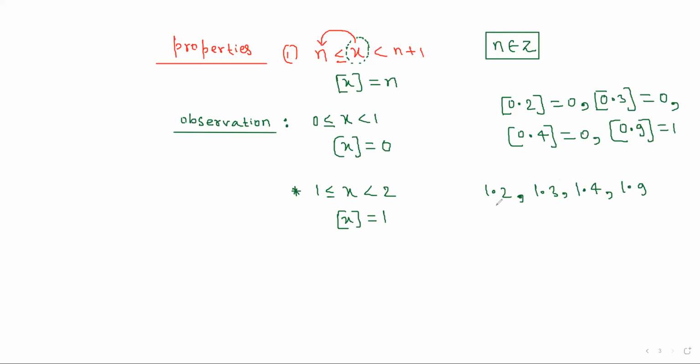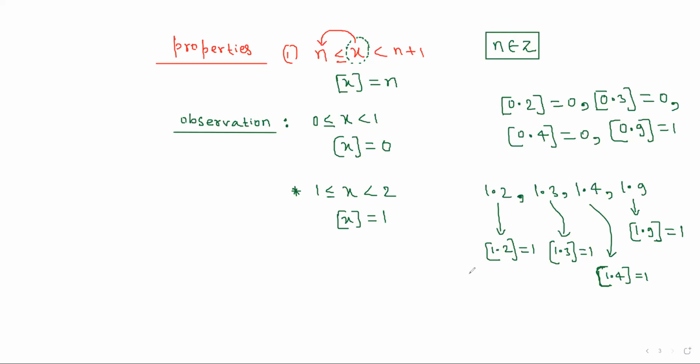The greatest integer function of 1.2 is simply 1, of 1.3 is simply 1, of 1.4 is simply 1, of 1.9 is simply 1. So whenever x lies between 1 and 2, the greatest integer function of x will always be 1.